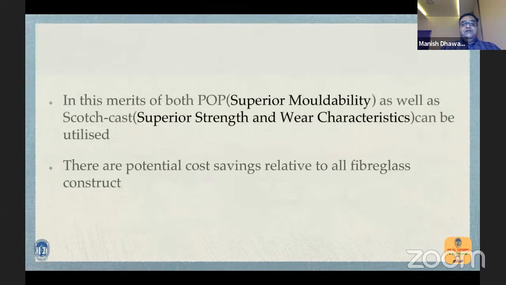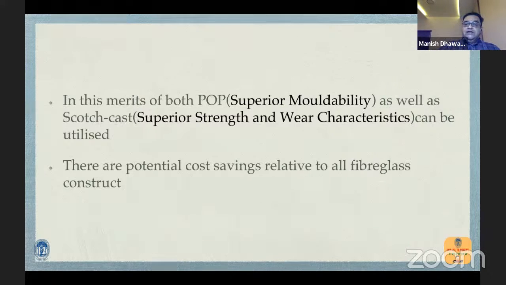Now, what are the benefits? In this, the POP has superior moldability. So you can mold the fracture nicely, and once it is dry, then you can apply Scotchcast for superior strength and wear characteristics. So you take both the qualities.